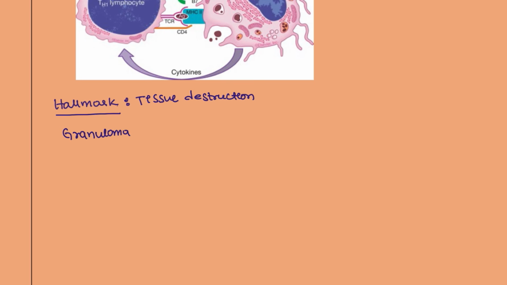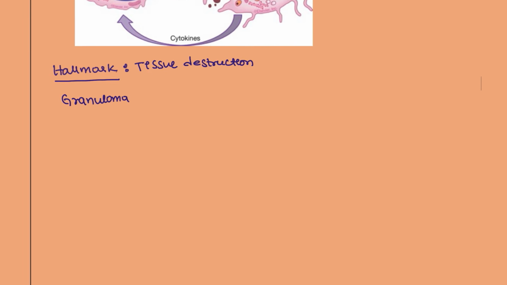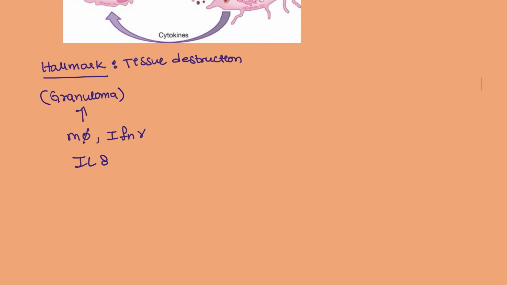With the formation of the granuloma. And how is this granuloma formed? The granuloma is formed with the help of macrophages, interferon gamma, and also interleukin 8. All this will play a major role to increase the macrophages and the granulomas. And how are the granulomas presented?